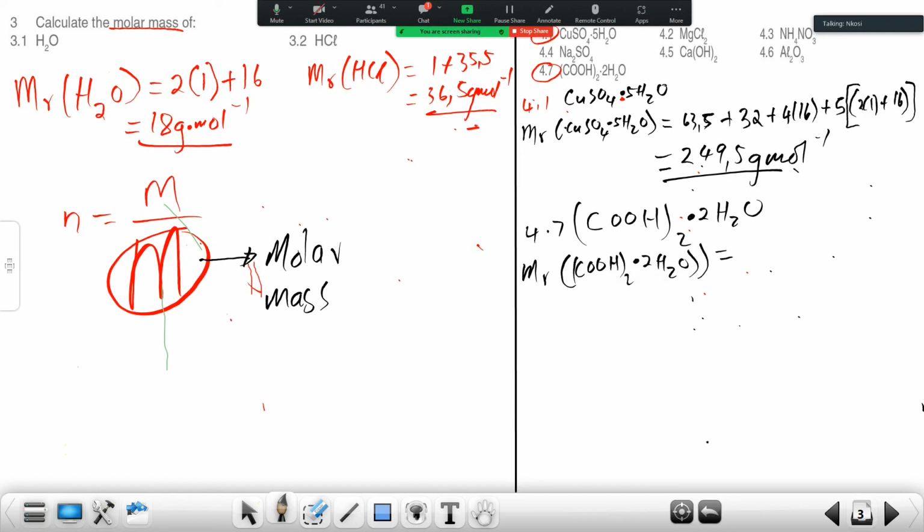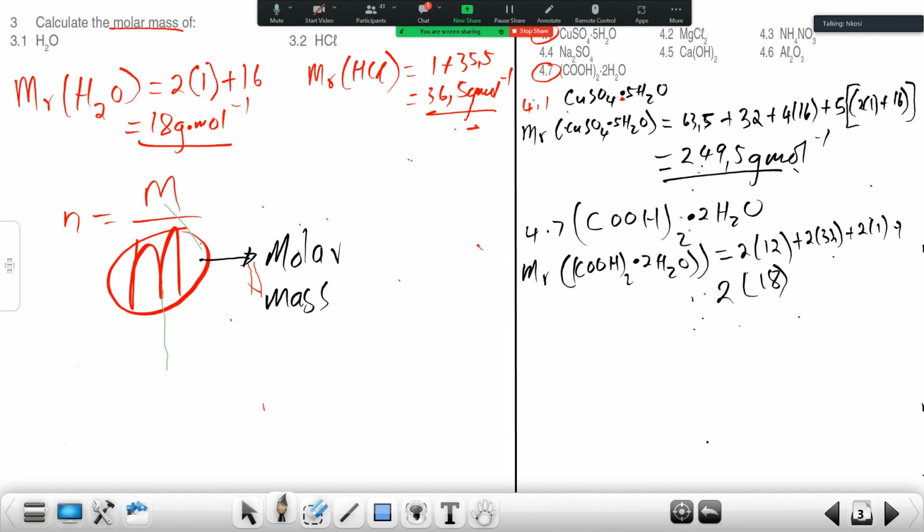Then this will be something like carbon. It's 2 times now the molar mass of carbon is 12, plus now we can say 16 plus 16 is 32. So 2 multiplied by 32 plus now 2 multiplied by 1 plus 2 into 18.